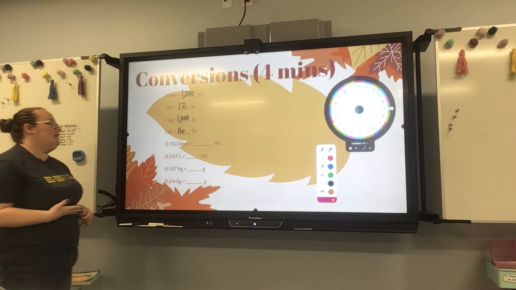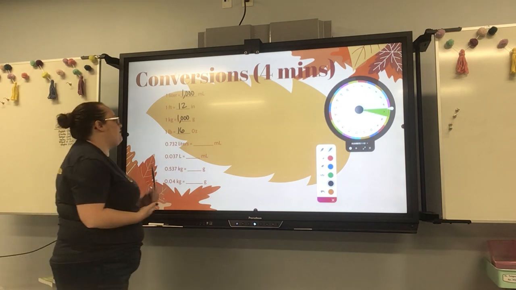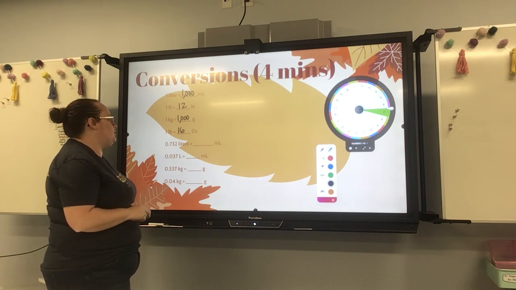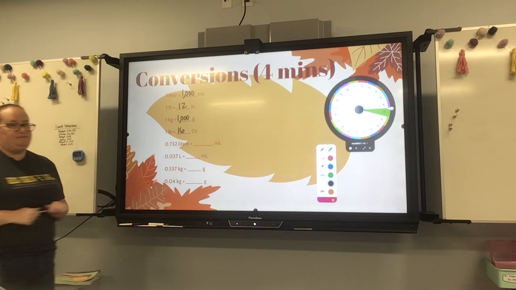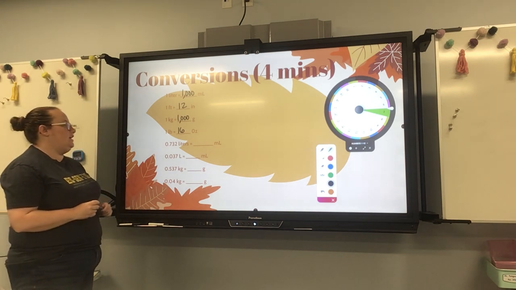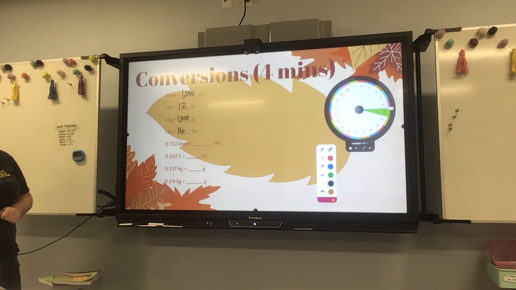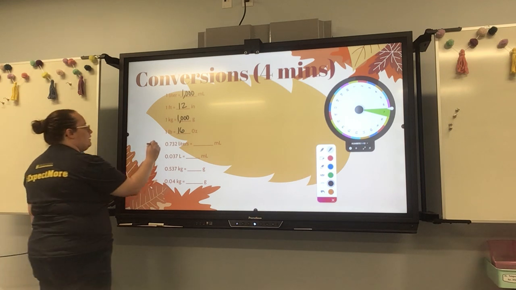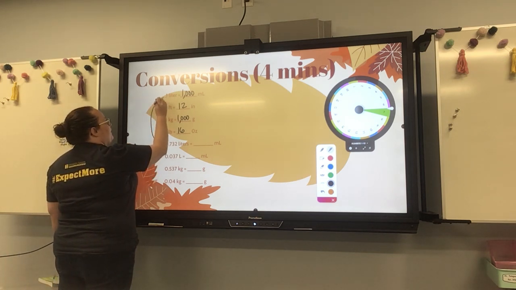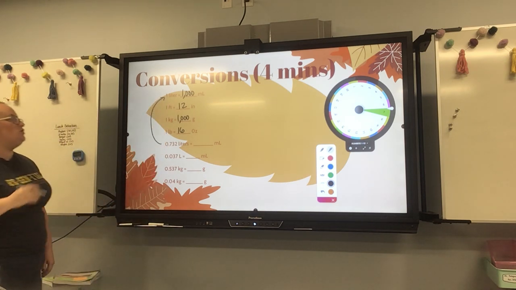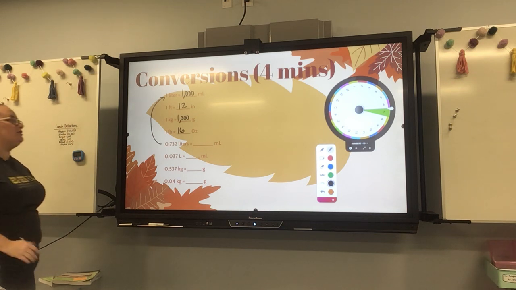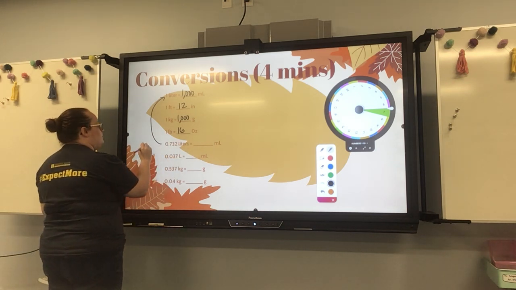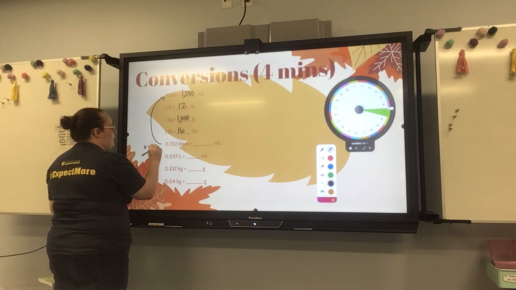How many milliliters is in 0.732 liters? Number 7. Okay, well, I know from what I did up here that 1 liter is equal to 1,000 milliliters. So to change my liters to milliliters, I would need to multiply by 1,000.